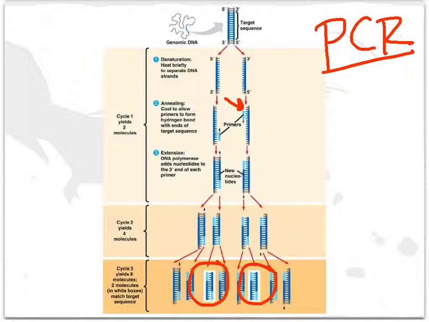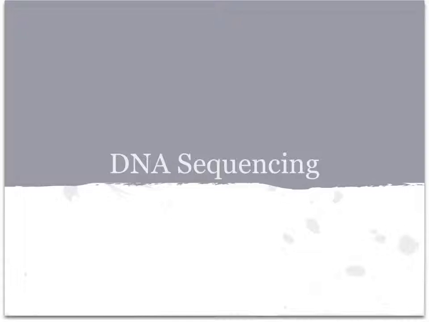If we do this for a number of rounds, like 40 or 50 times, we're going to exponentially grow this amount of DNA, and we'll have enough DNA to work with, such that maybe we can sequence this gene of interest. Maybe we can sequence and understand specifically what the nucleic acid sequence of the gene is. With that, let's take a look at how we can sequence DNA.